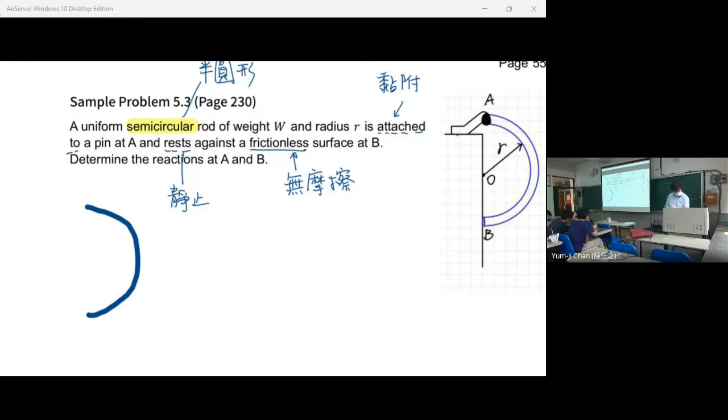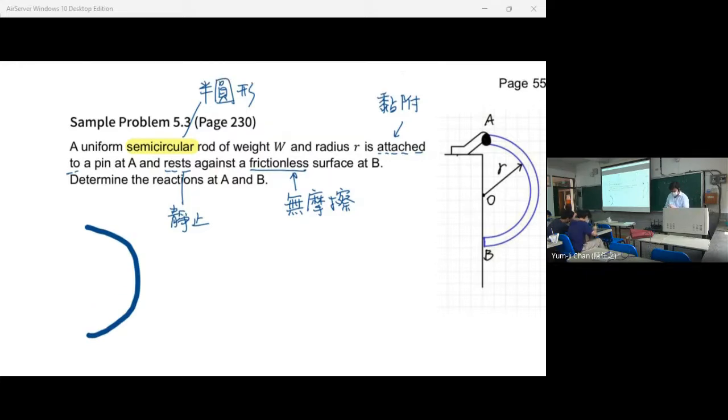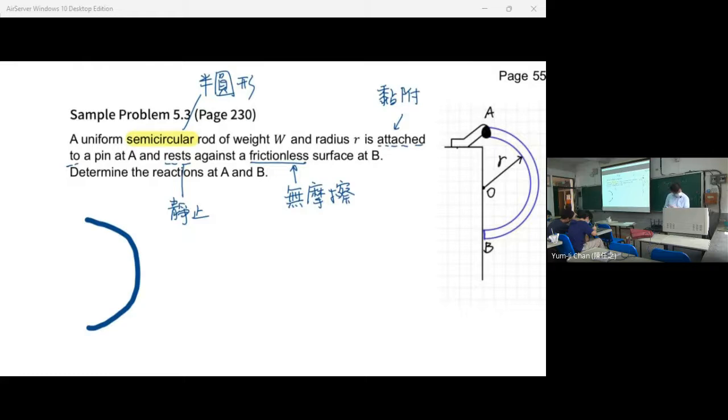Now, so we have points A, B, and we have the centroid somewhere here.